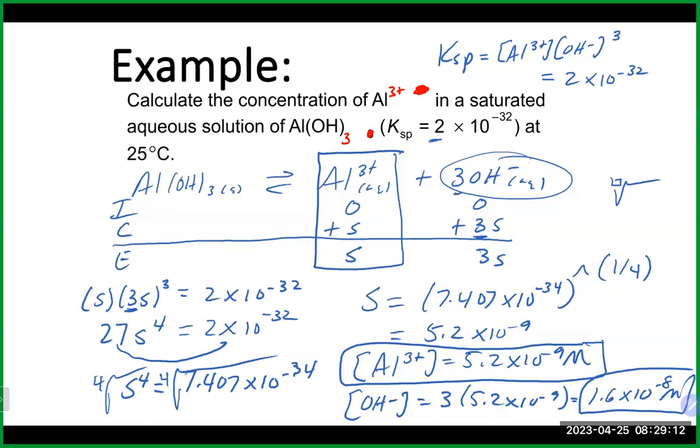Hopefully it should be about the same. We did a little bit of rounding, obviously, here. So if we did that, I get 1.99 times 10 to the minus 32 if you plug it back in. So it's pretty close with the rounding. So you could definitely check yourself if you wanted to by putting it back in there. Other questions? Okay.